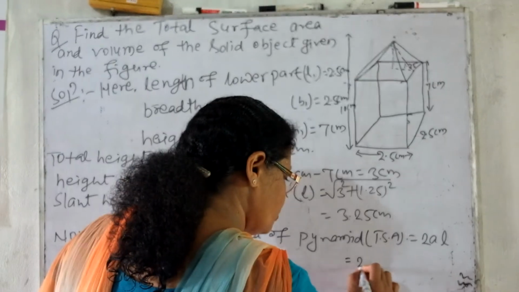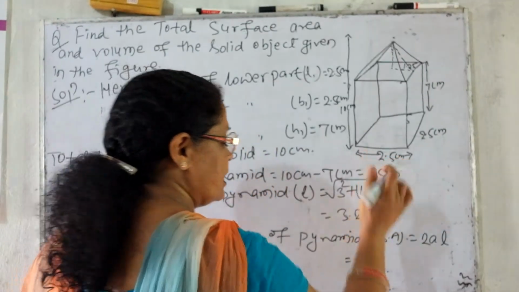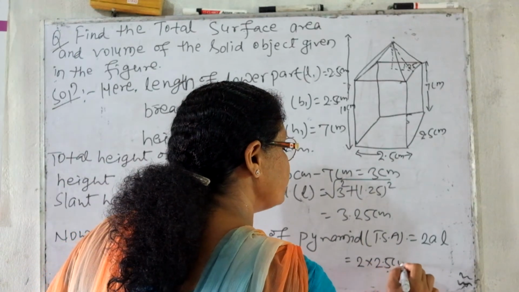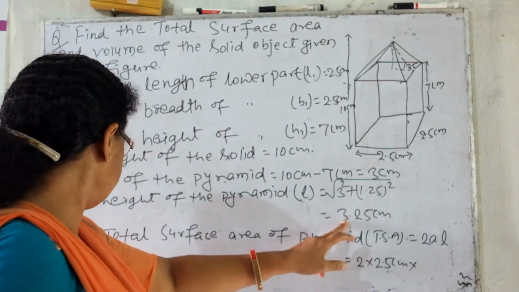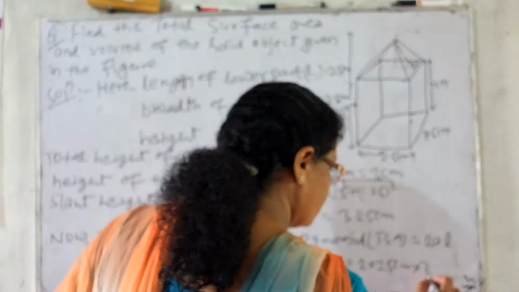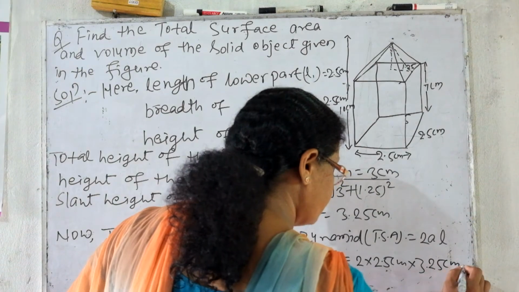So equal to 2 into A, which is 2.5 centimeter, and L, which we just found, 3.25 centimeter.